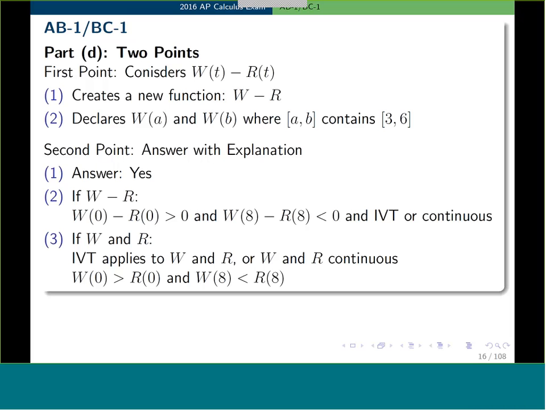The second point was the answer with an explanation. We certainly wanted the answer yes. And it would be really nice if they showed us that this new function was greater than 0 at one point and less than 0 at another, and because of the IVT, or because it was continuous, concluded that there must be some place where W is equal to R. Now, another way that they could do this is by taking a look at W and R separately and thinking about trying to determine whether or not those two functions would cross.